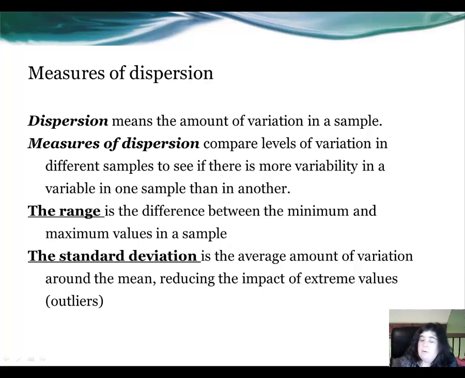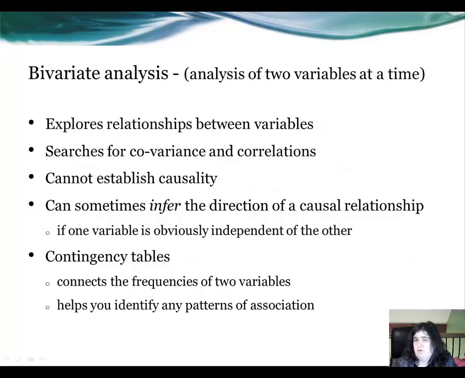A bivariate analysis is where you're analysing two variables at one time, and maybe this is looking at the relationship between two variables, and you're searching for covariance and correlations between those variables. You can't actually establish the causality relationship between those variables.